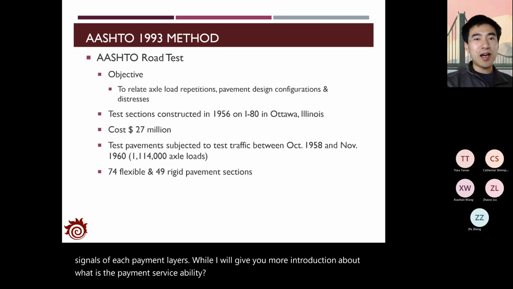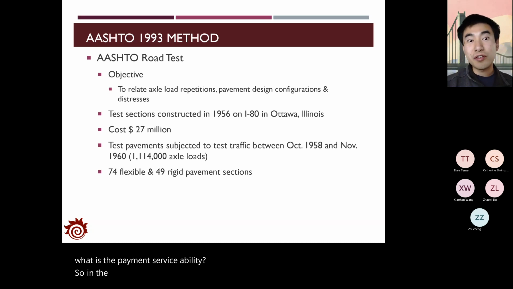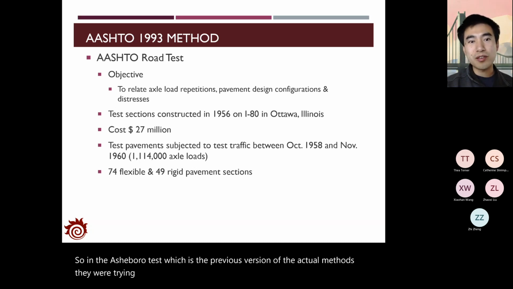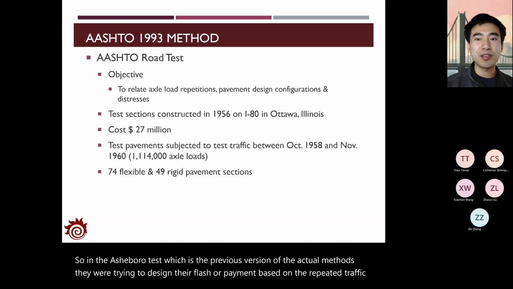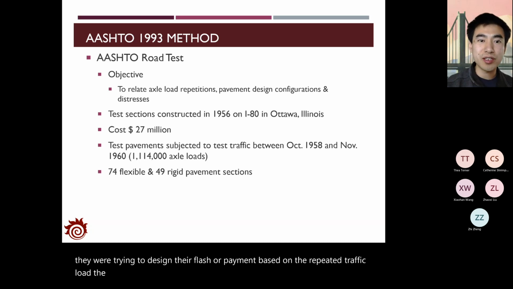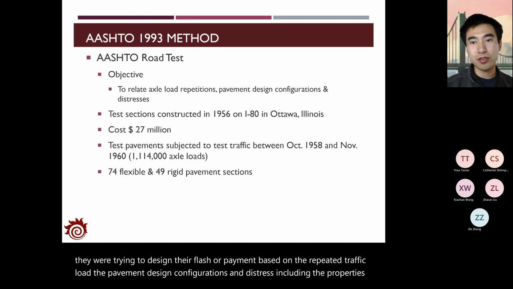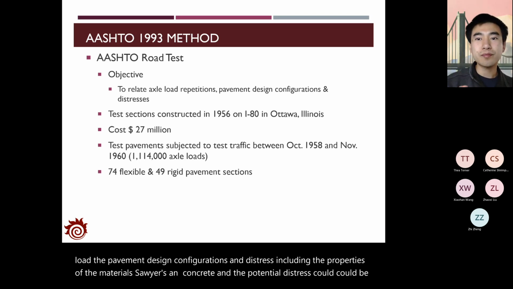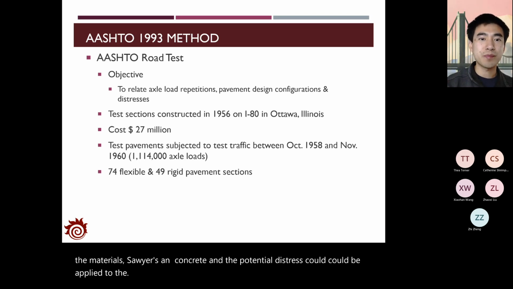In the AASHO road test, which is the previous version of the AASHTO method, they were trying to design the flexible pavement based on the repeated traffic load, the pavement design configurations and distress, including the properties of the materials, soils, and asphalt concrete, and the potential distress that could be applied to the pavement structure.